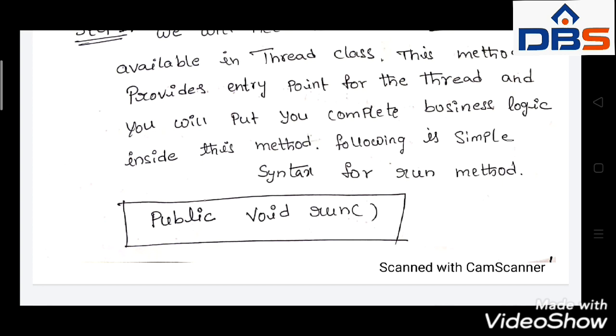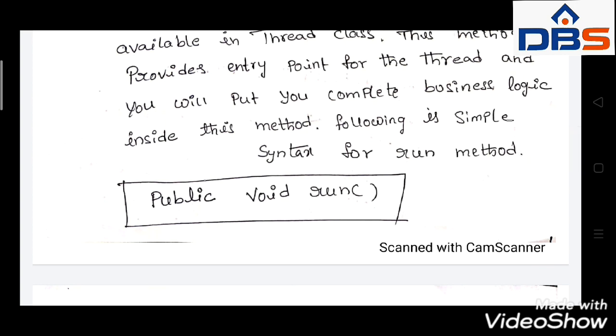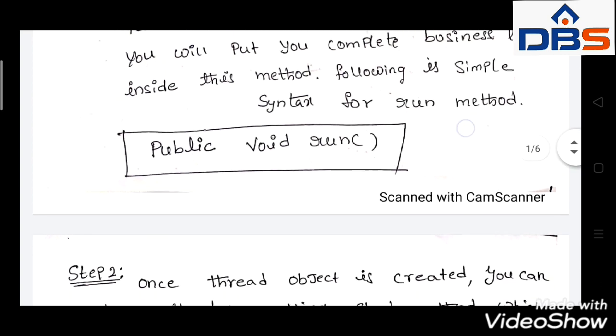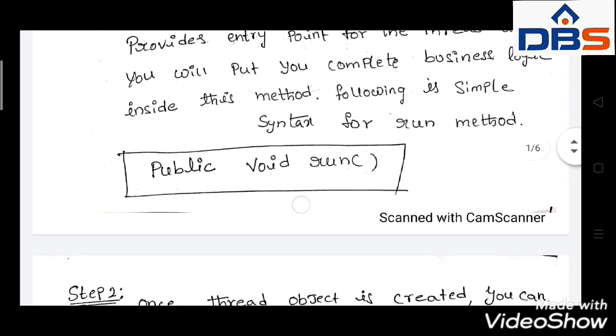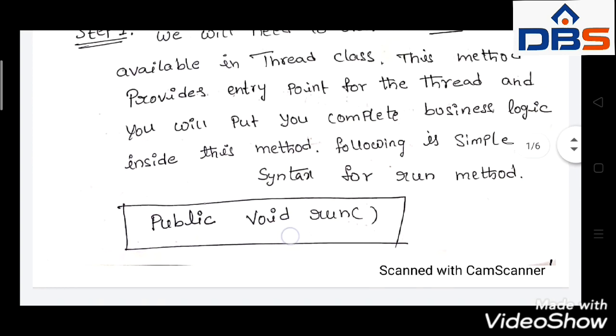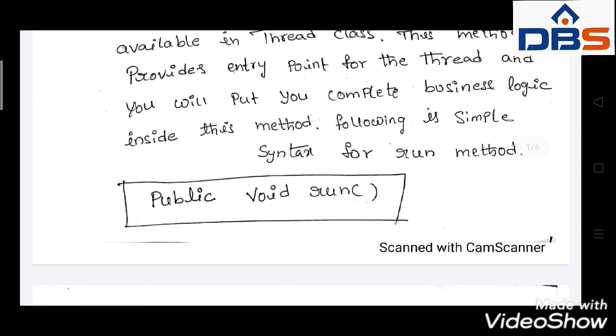So we want to run a thread. Here we use the simple syntax for the run method, that is public void run. This is the syntax we use to write the run method.